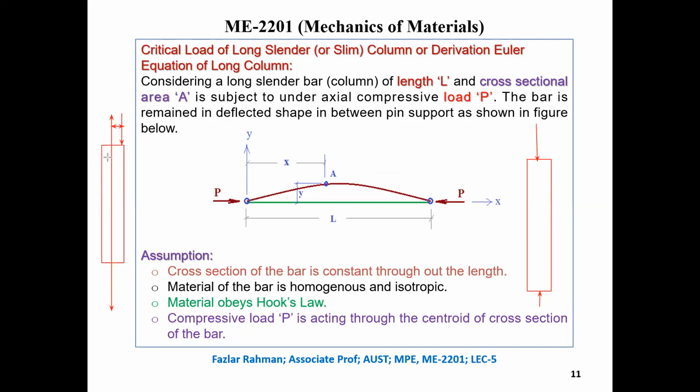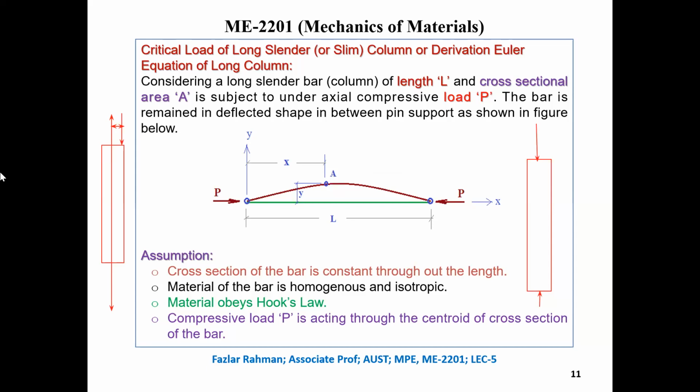And another thing, we are talking about long column and short column. How do you know a column is short or long? You may measure with a tape and say this is long, or you have a column that looks short, so you say this is a short column.